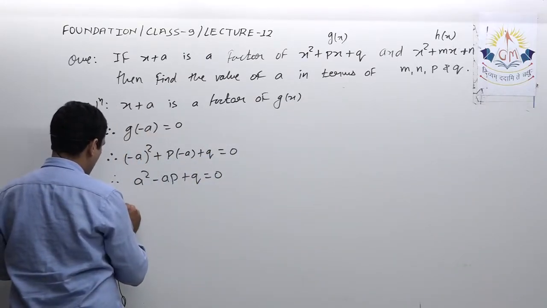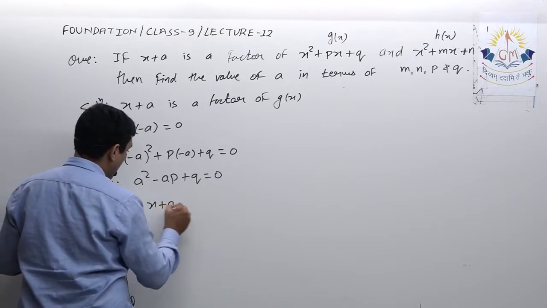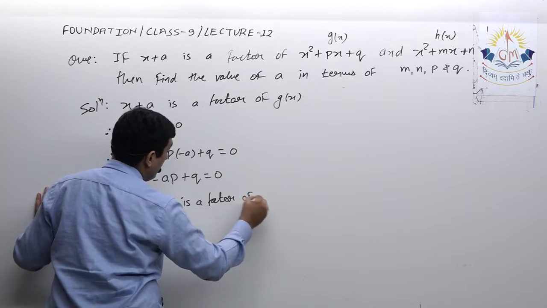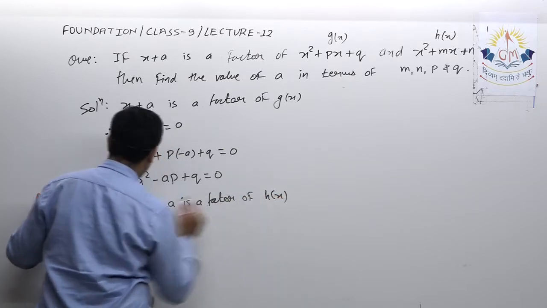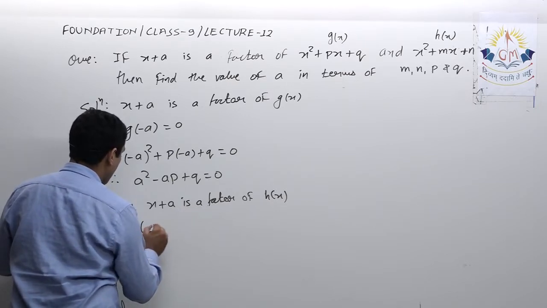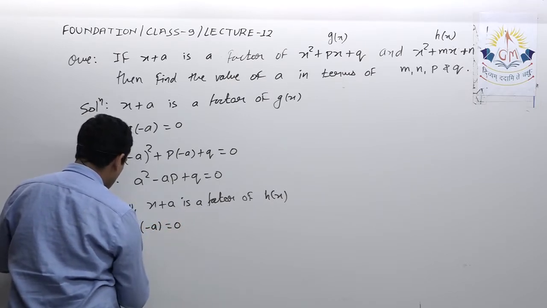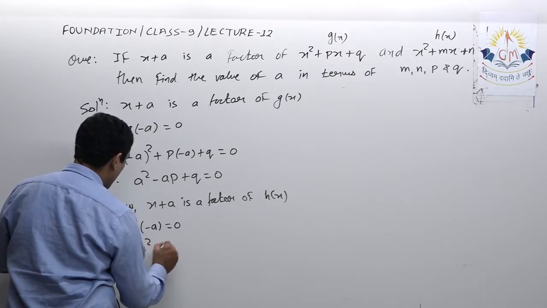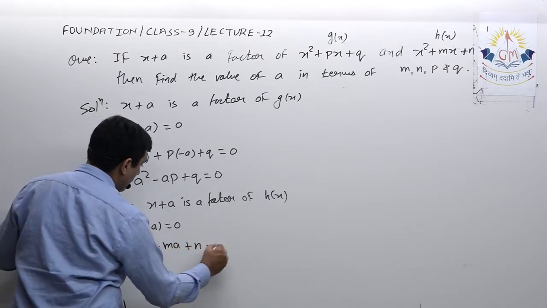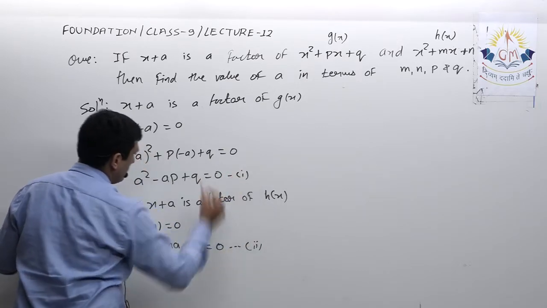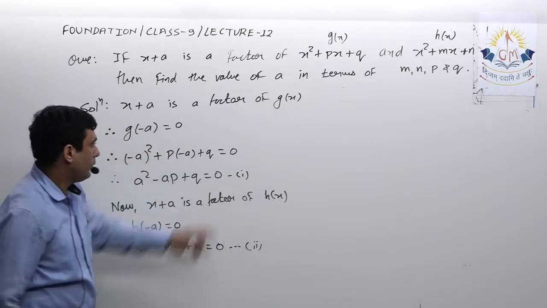Therefore, h of minus a is equal to 0, and hence a square minus ma plus n is equal to 0. Let's say this is equation number 1, and this is equation number 2.